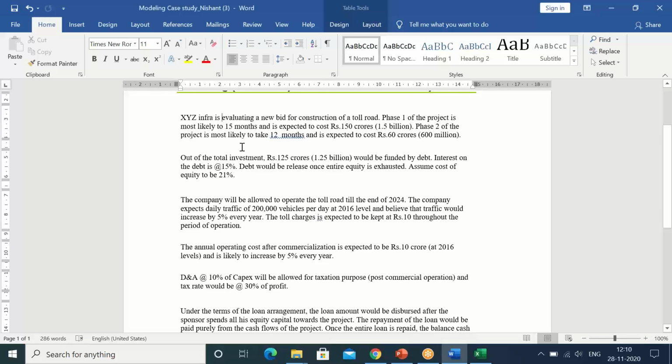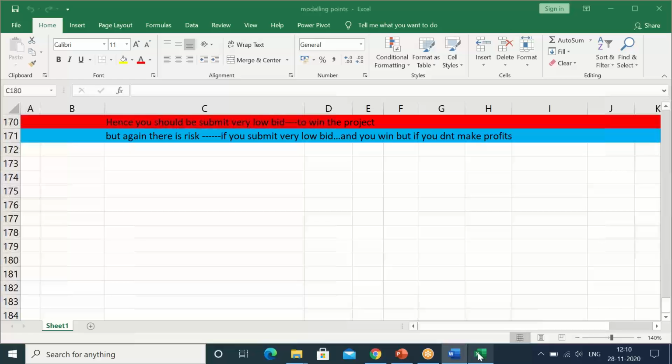So the first para: XYZ Infra is evaluating a new bid for the construction of the toll road, and phase 1 of the project is likely to take 15 months. How do the real estate or construction companies compute these values? So 15 months.